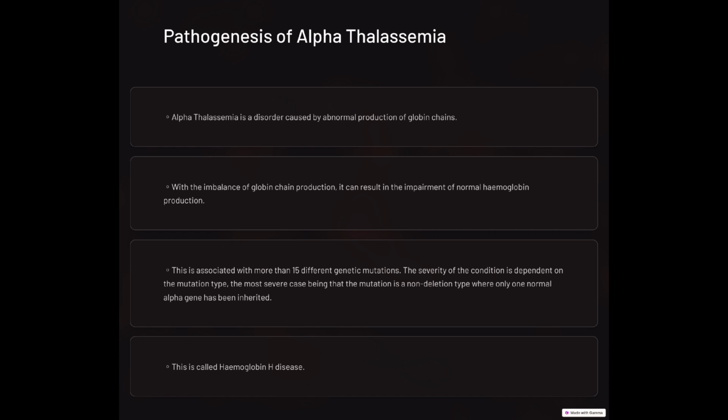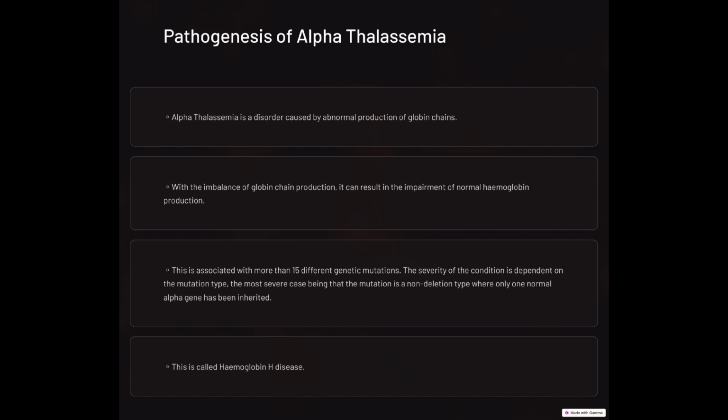Pathogenesis. Alpha thalassemia is a disorder caused by abnormal production of globin chains. The globin production can be diminished or absent for one or more globin chains. The imbalance of globin chain production can result in impairment of normal hemoglobin production. In alpha thalassemia, there is abnormal or absent production of alpha globin chains.